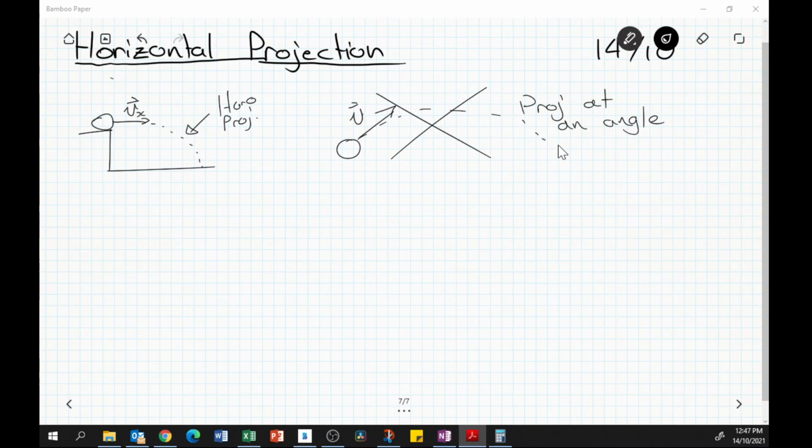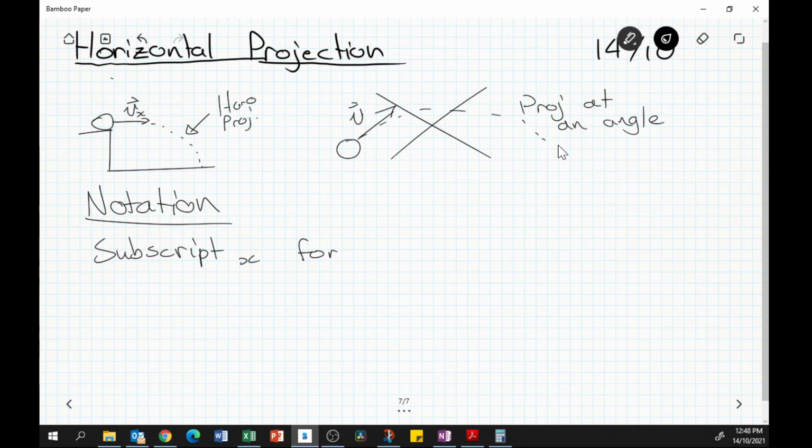Now, a quick comment on notation here. We're now getting into stuff that comes from your formula and data book. So we want to use the correct notation to match with your formula and data book, okay? So subscript x for horizontal, obviously, right?